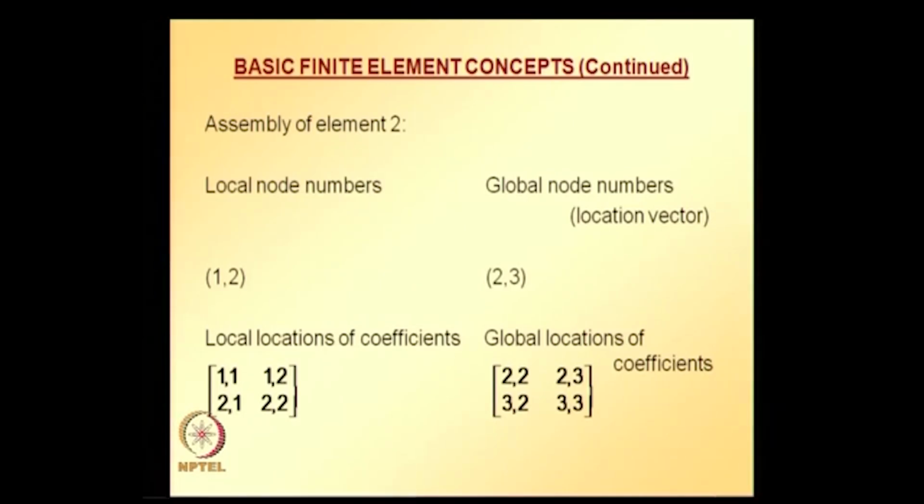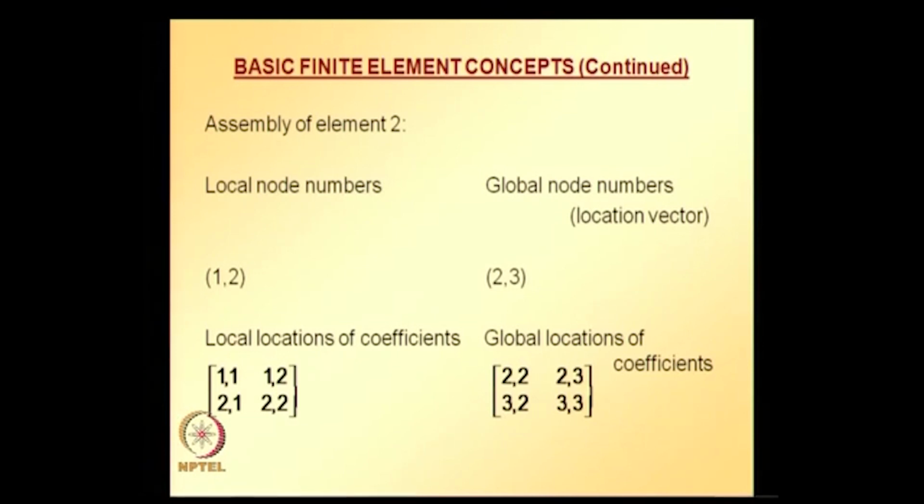And now, with this, whatever is at the 1 1 location in the equation system of element 2 goes into the 2 2 location, and whatever is at 1 2 goes into the 2 3 location of the global equation system. Similarly, 2 1 goes into 3 2, 2 2 goes into 3 3.